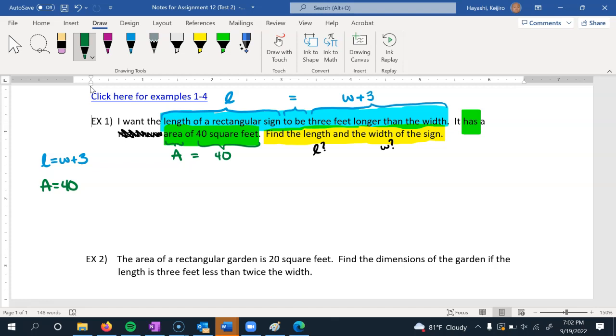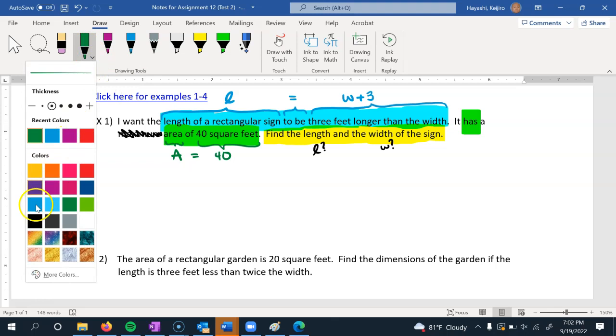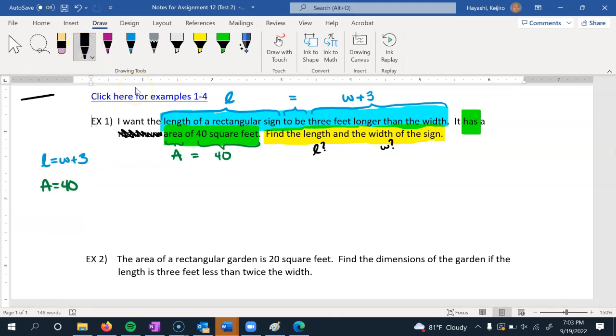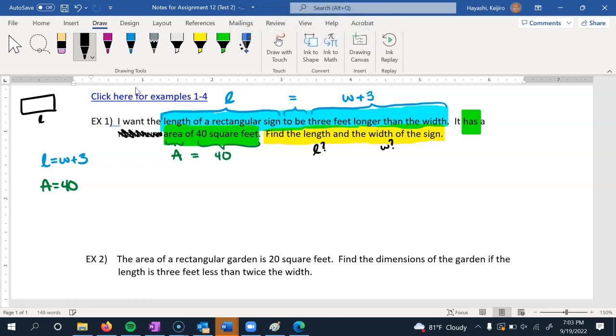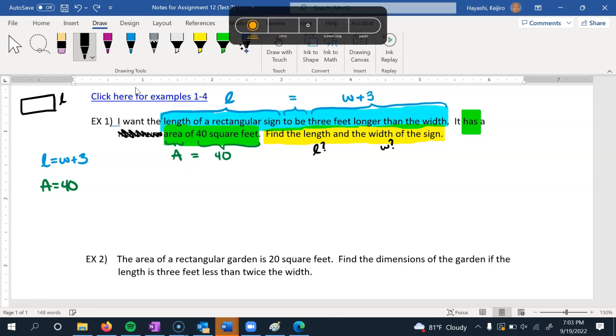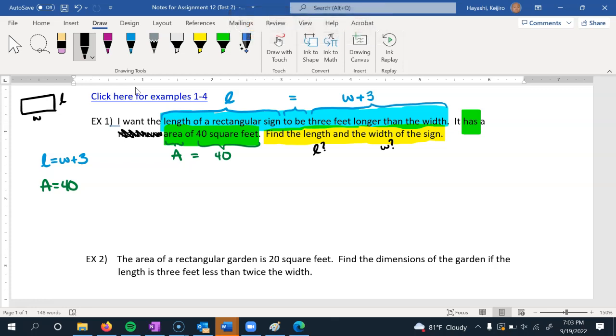Now, what shape is this sign? Rectangular. Let's see, area, huh? What's the formula for the area of a rectangle? Length times width. For any rectangle, if this is the length and this is the width, it doesn't actually matter which one's the length and which one's the width, but you multiply them together because it's a rectangle, and area equals length times width.